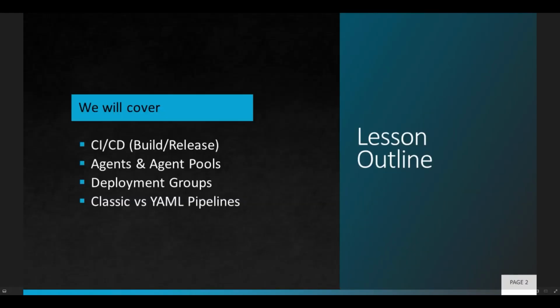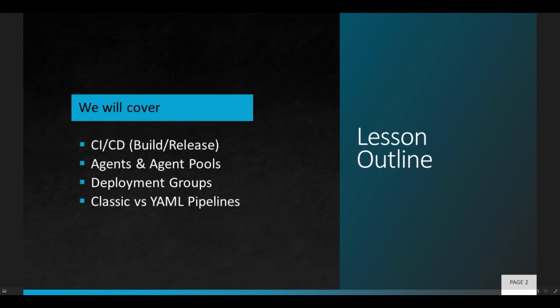On the lesson, we're going to cover the difference between CI and CD, or continuous integration and continuous delivery, also known as the build or release process. Additionally, after that, we're going to be talking about the agents and the agent pools, which are necessary for you to have those jobs execute in some system.